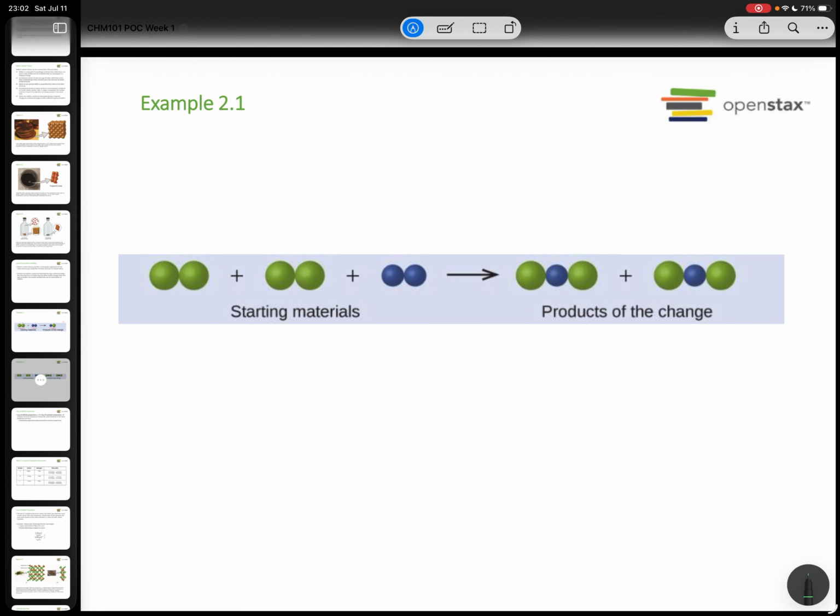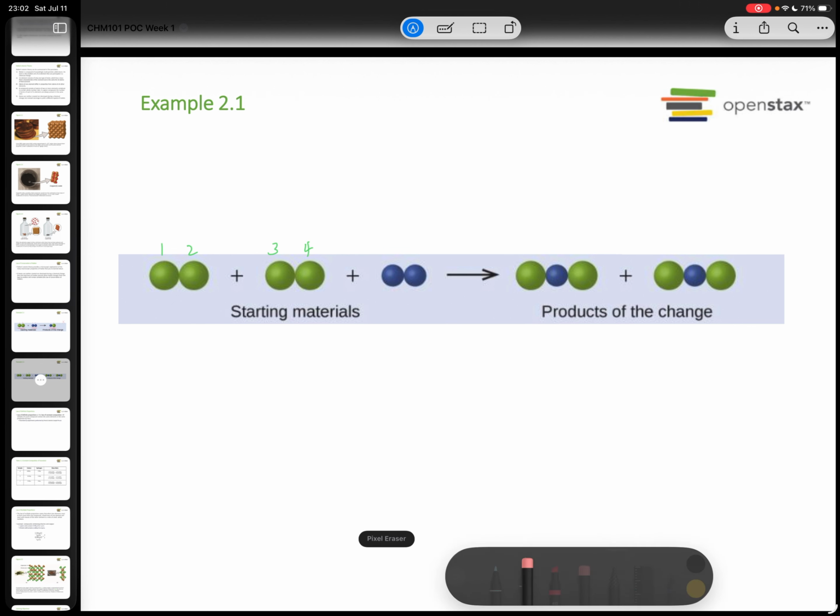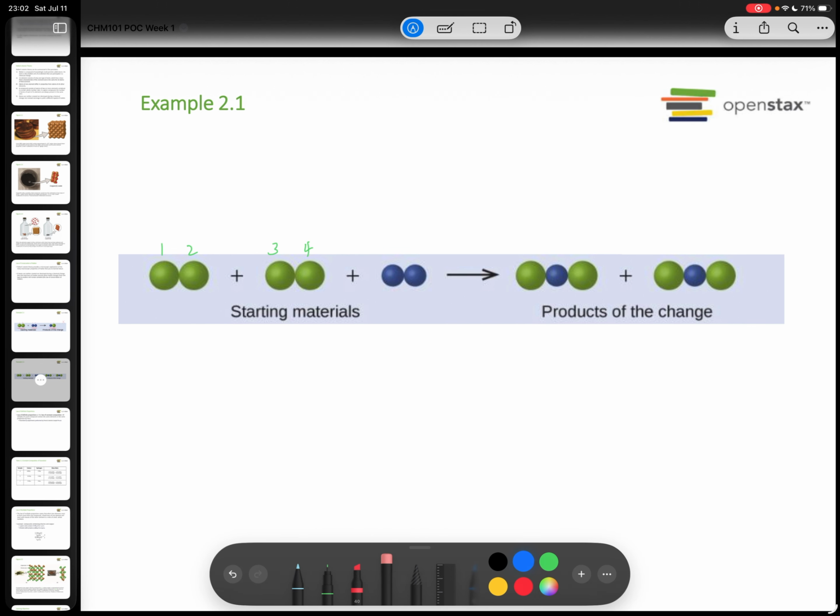So, let's compare naman this second figure or the second drawing under example 2.1 pa din. So, the starting materials contain, okay, bilangin natin, 1, 2, 3, 4 green atoms, okay? And ilan yung blue atoms natin? 1, tapos 2.